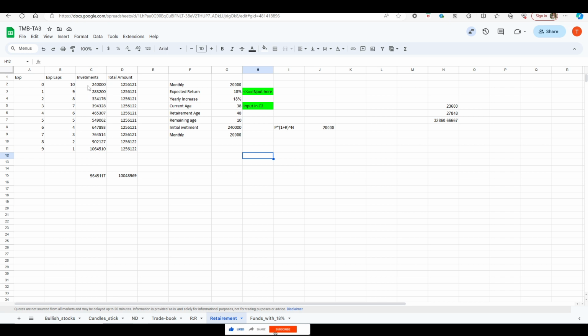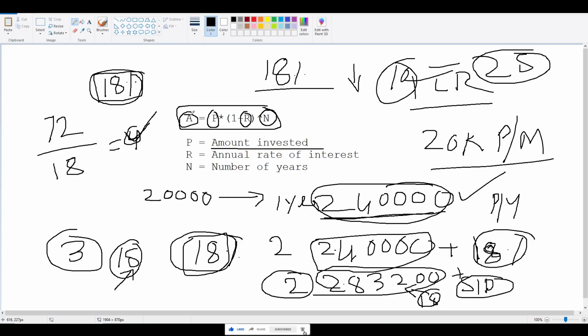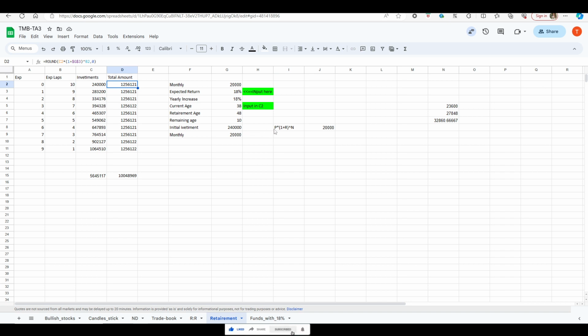If we do, this is the 2.4 lakh. For the 2.4 lakh, 10 years. From today, you are going to take the retirement after 10 years. So for this 2.4 lakh, 10 years, this is the formula. Okay, C2, what is the formula I mentioned? This is the principal amount, the amount invested, 1 plus R power N. The same way the formula is here I mentioned.